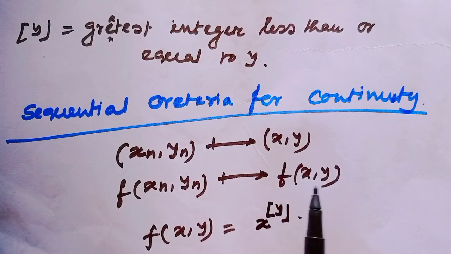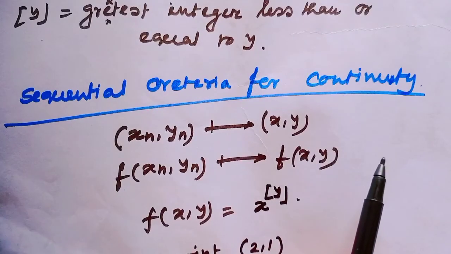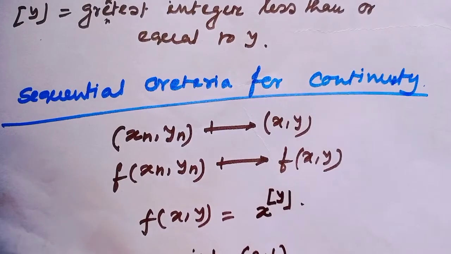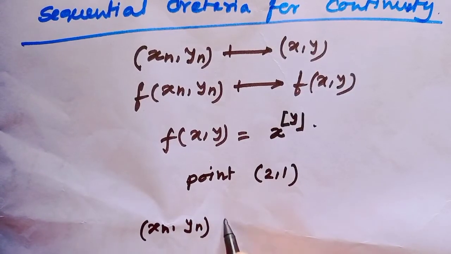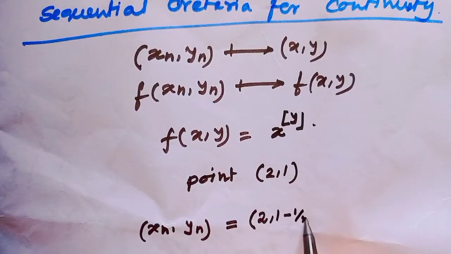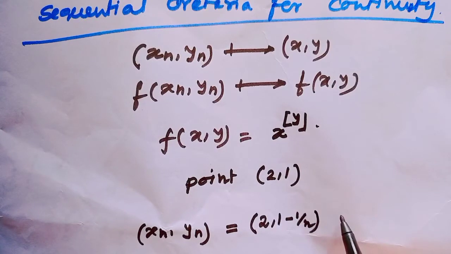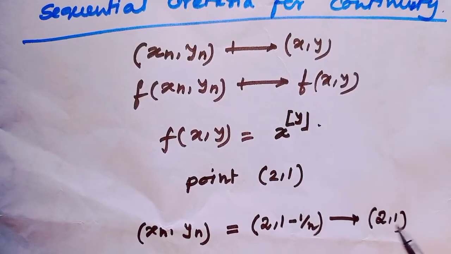For this, if we use the sequential criterion, at first we have to choose a sequence (xn, yn). Consider this sequence equal to (2, 1 minus 1 over n), which converges to (2, 1).